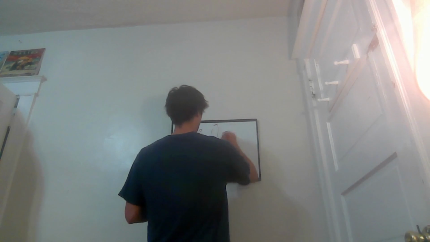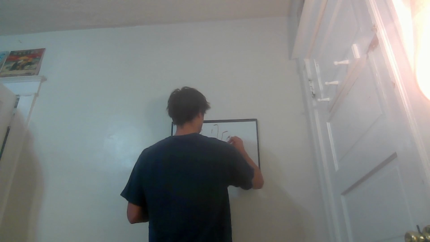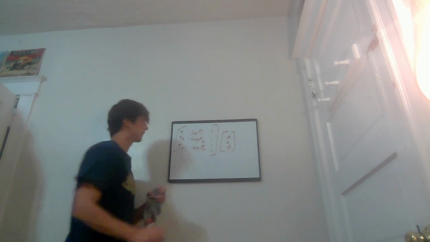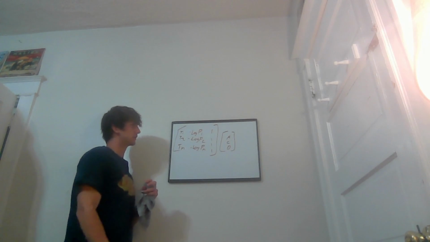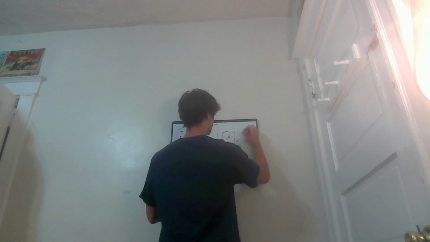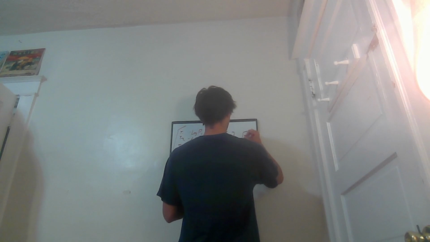And we're going to multiply that by a, c, and d here. And that is going to equal t1 log p1 down to tn log pn.